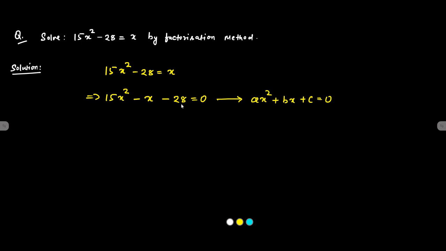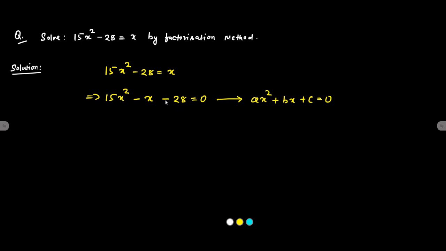So when you are starting, follow the systematic procedure. Then as you get used to solving more and more quadratic equation problems, just by looking at the equation you can say a is equal to 15, b is equal to minus 1, c is equal to minus 28. But to build this habit in you, I'm deliberately comparing it with the standard format, writing a is equal to this much, b is equal to this much, c is equal to this much, so that you don't make any mistake.